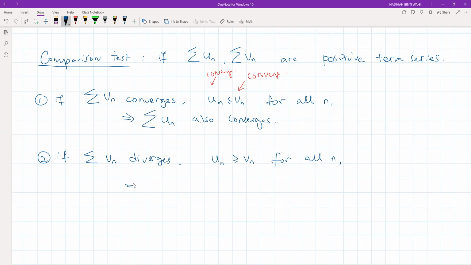And we can say that the series of Un also diverges. Because why? Because you can see that the smaller guy diverge, and so does the big guy. Okay, that is the comparison test. Number 1, comparison test number 1.